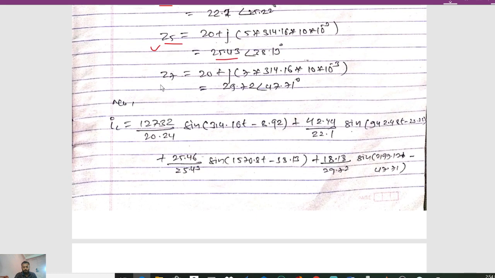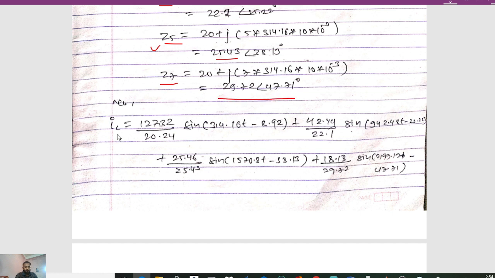For n equals 7, Z7 is 20 plus j 7 into 314.16 into 10 into 10 to the power minus 3, which is 29.72 with an angle of 47.71 degrees.